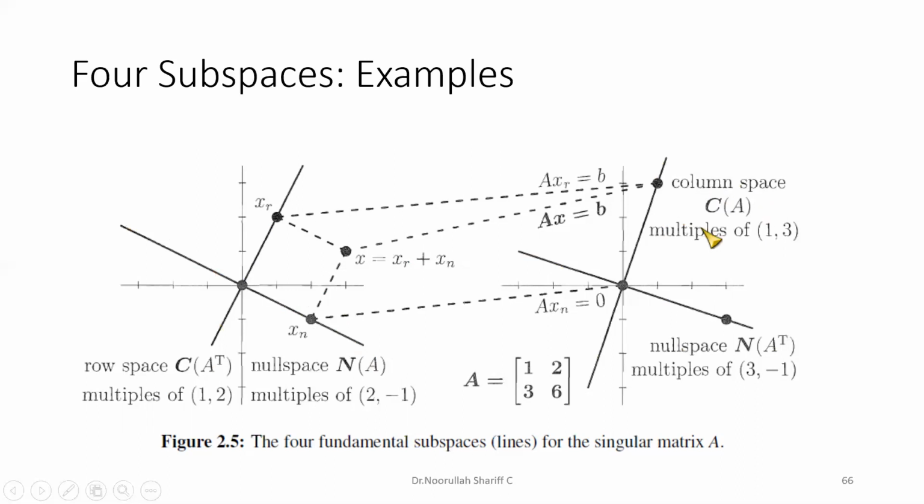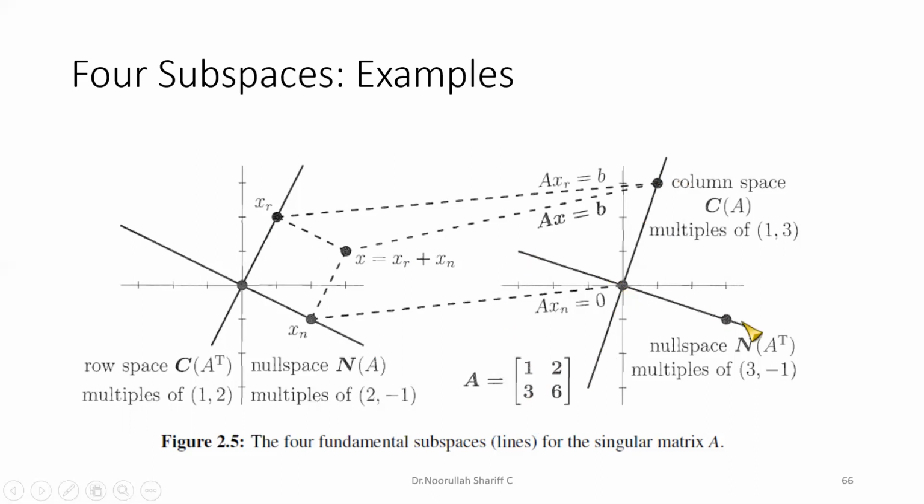The column space C(A) is specified as the multiples of (1, 3), which corresponds to this line. The multiples of (1, 3) are falling on this particular line, and this corresponds to the column space for that example.